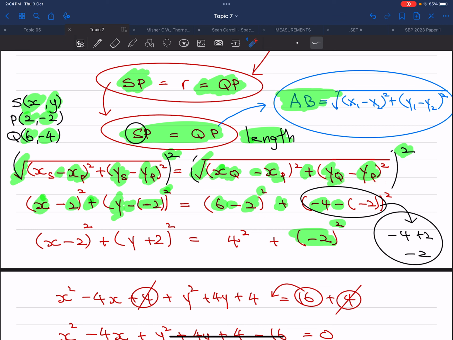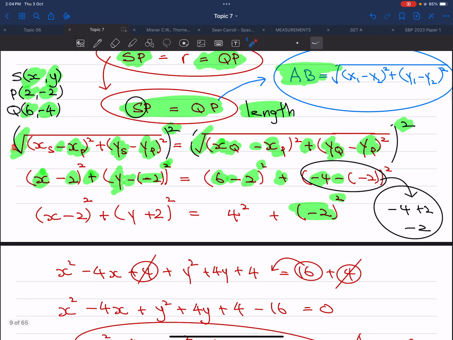Now the first thing we do, you must cancel the square root. So I square both sides. Square, square. So the square root will disappear. So now we substitute the coordinates.